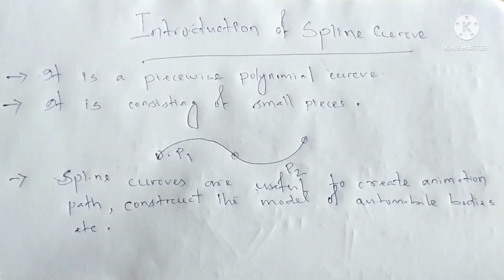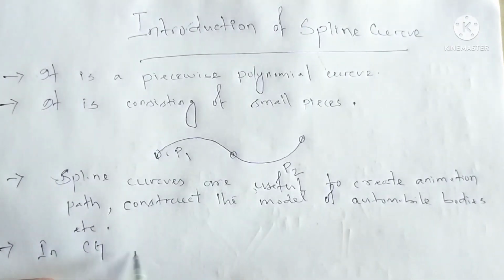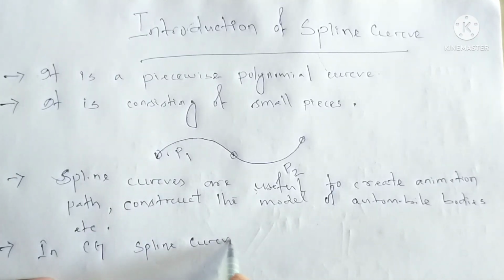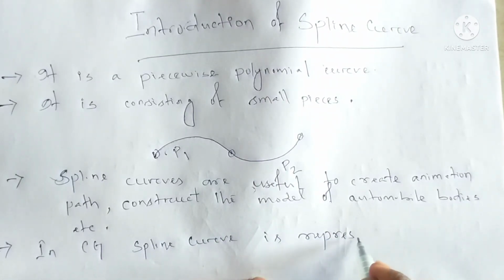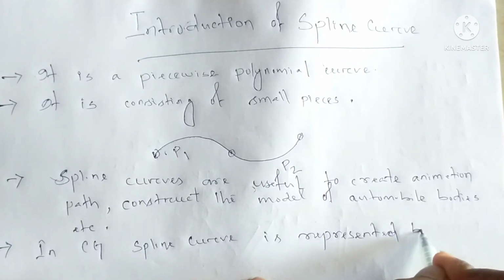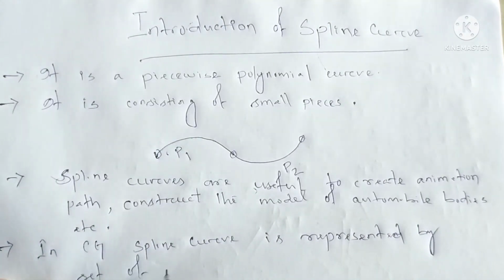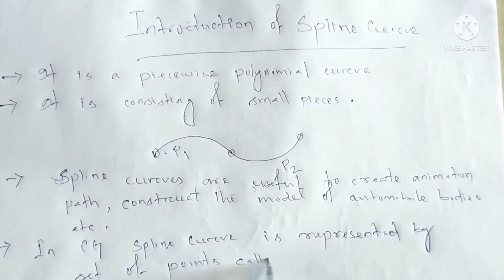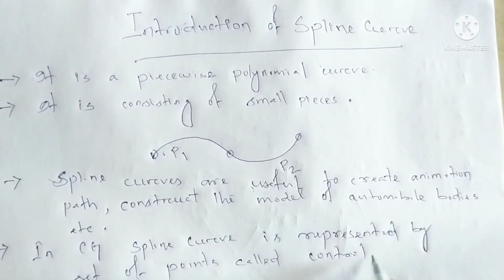We can say that in computer graphics, I am writing in short CG, spline curve is represented by a set of points called control points.